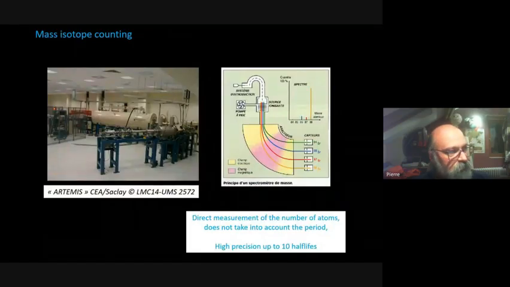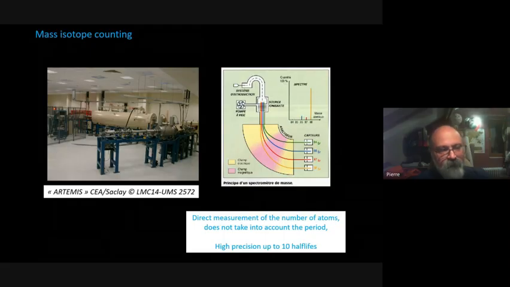We use mass isotope counting using a mass spectrometer and accelerator, because with that we count directly the ratio of the different elements we try to find in the support.